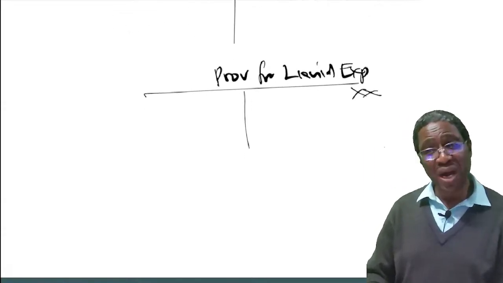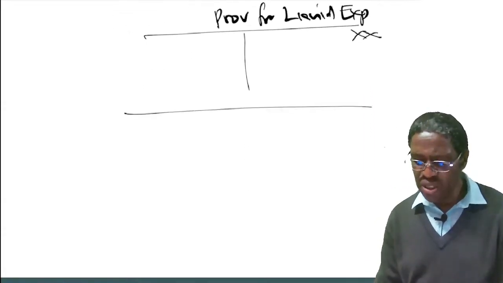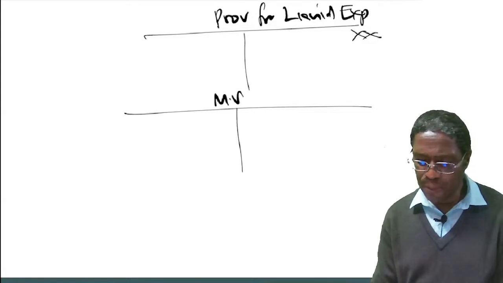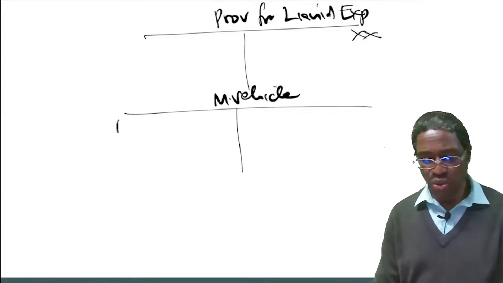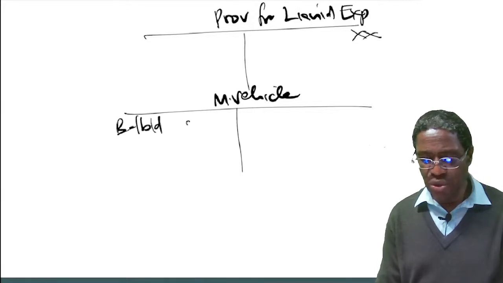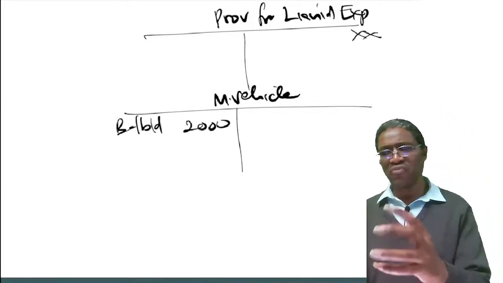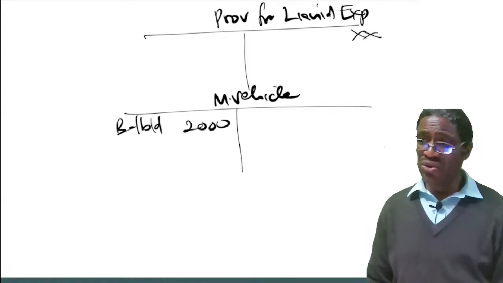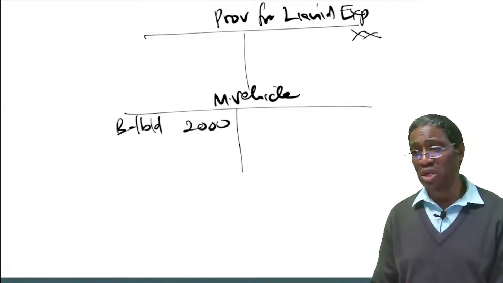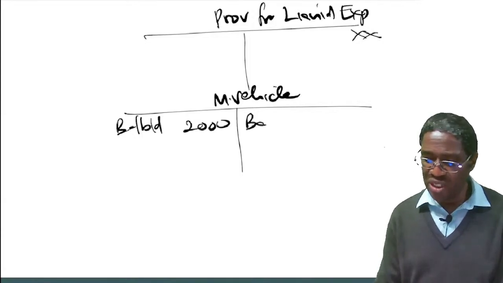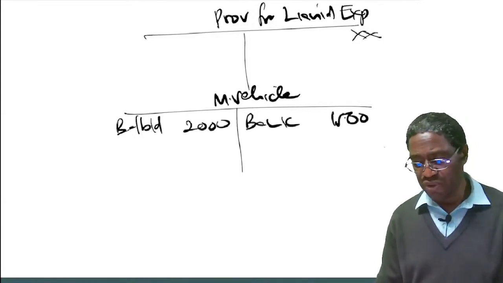You will debit bank and credit the asset. Let us assume it's an asset called motor vehicle, which has a book value of, let's say, 2 million. You sold it for 1.5 million. So you will debit bank by that 1.5 million and credit the asset called motor vehicle by 1.5.